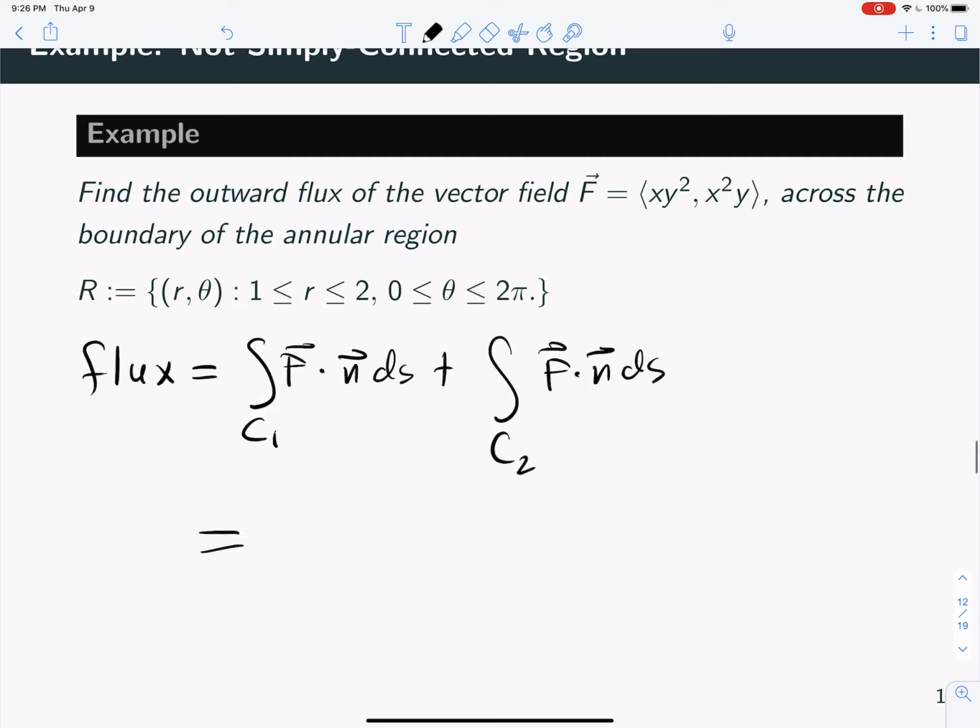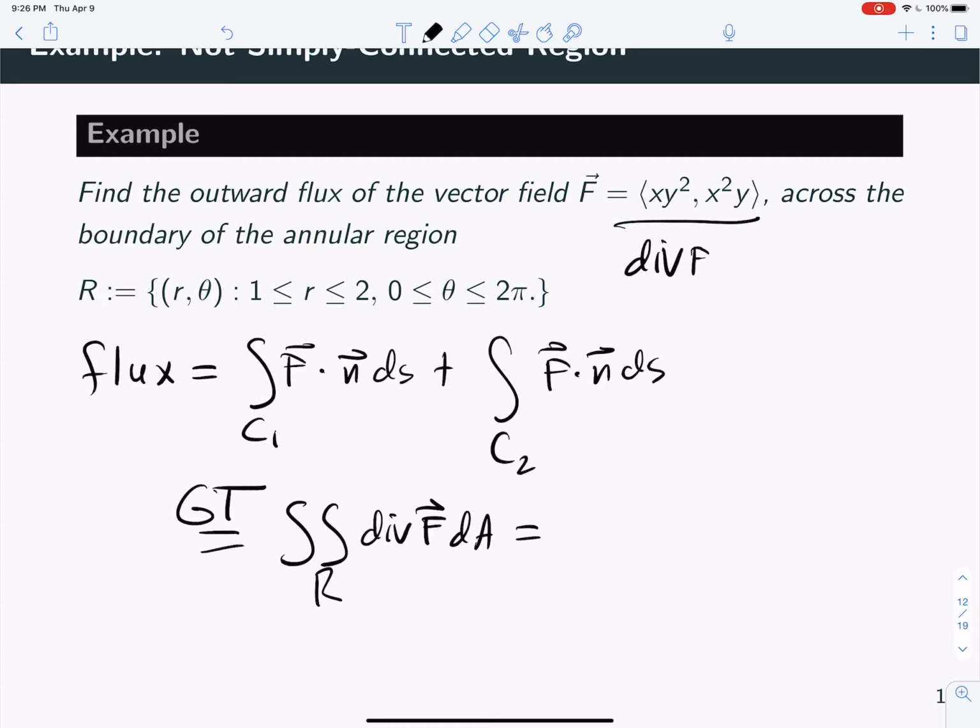But we're going to use Green's theorem to turn that into a single double integral over the region of the divergence of the vector field f, dA. In this case, the vector field f is given, so we can compute the divergence of that vector field. We take the x derivative of the x component, well, that's just y squared, and we add it to the y derivative of the y component, and that would be x squared. So the divergence is x squared plus y squared.